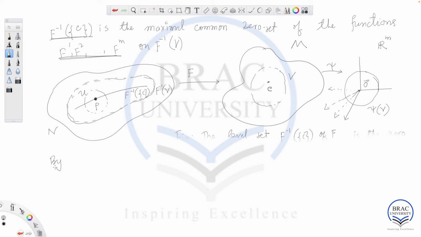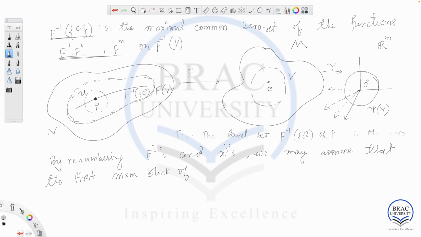Now, by renumbering f_i's and x_j's, we may assume that the first m times m block of this Jacobian matrix, del f_i by del x_j evaluated at p, with i, j running between 1 and m, okay, so we are taking the first m times m block.